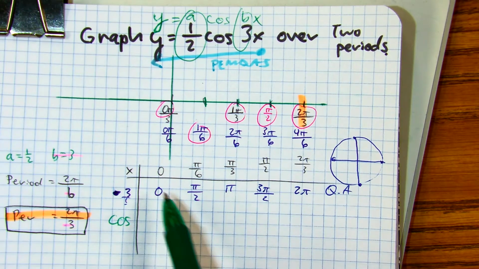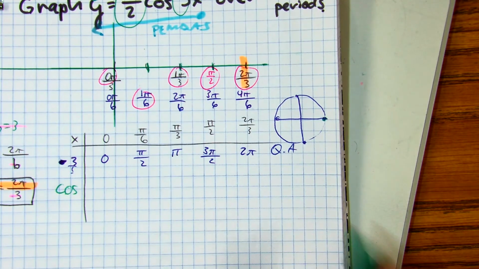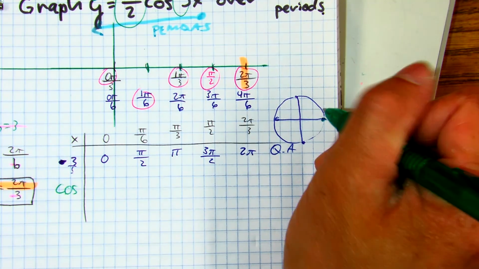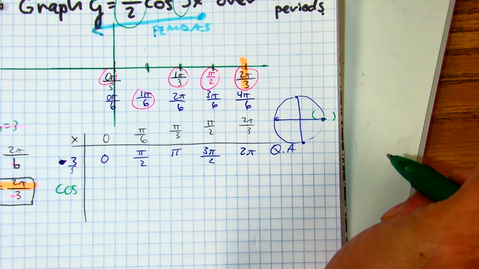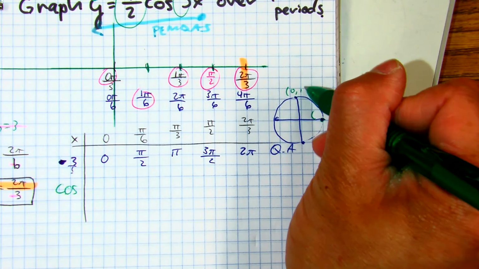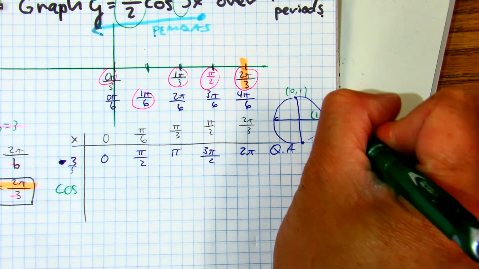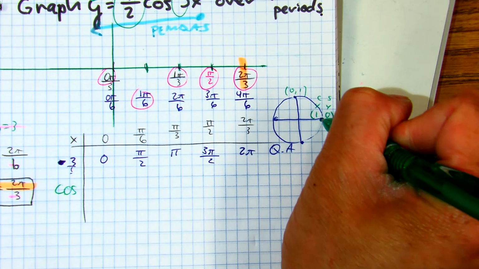Cosine at 0 here, Cynthia? Tell me the order pair, please. 0, 1. Order pair here. 1, 0. Cosine, sine. So cosine at 0 radians is 1.